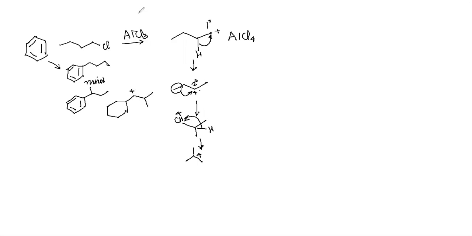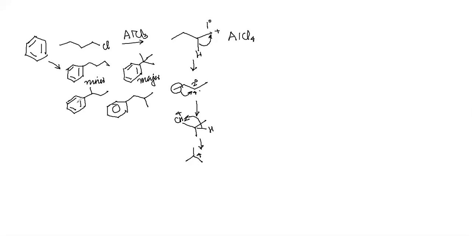So what's the major product? This is the major product. You understood? So this is the drawback of Friedel-Crafts alkylation reaction.